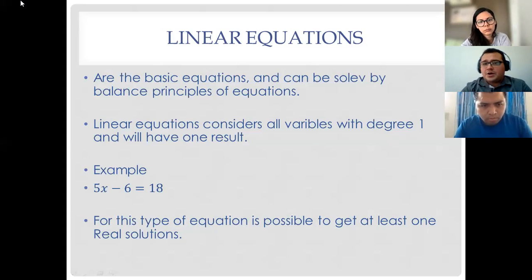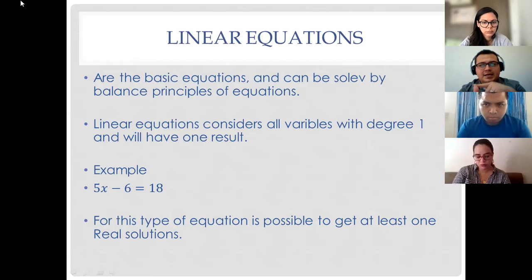If it's linear, degree 1, one solution. If it's quadratic, degree 2, 2 solutions. But that's what I'm expecting. Normally it's not like this. Sometimes it has more than one. In this case, we have like 3 chances, to be honest. We have the chance to not get a solution, the chance to get one solution, and a chance to get infinitely many solutions.